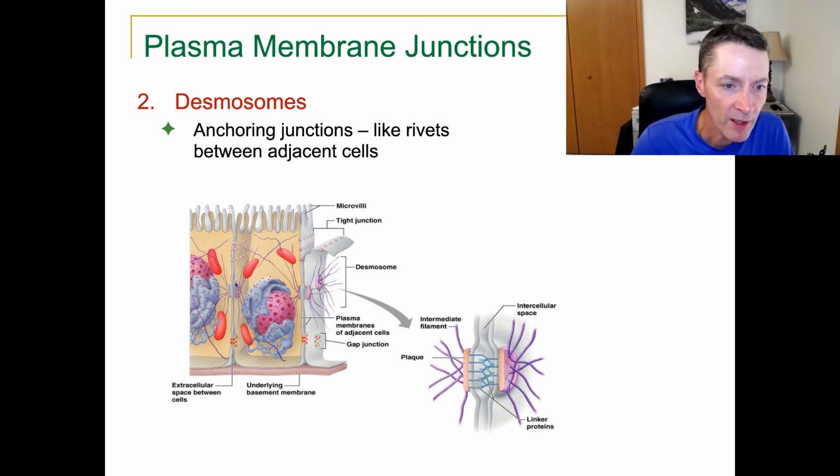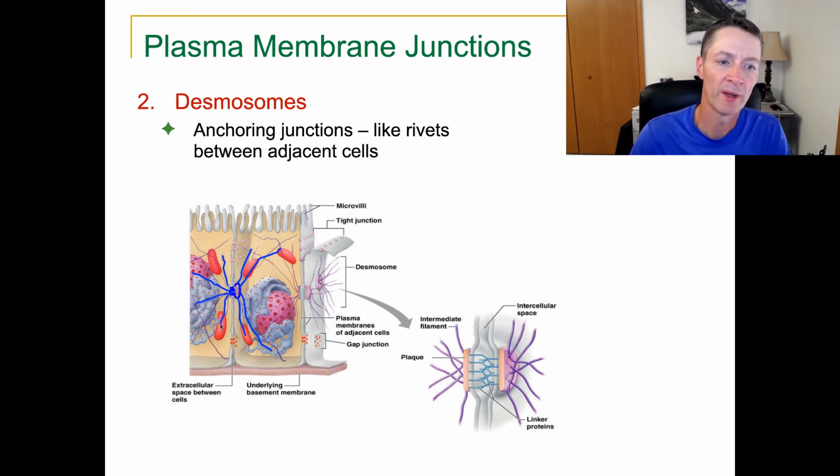You'll see right here that we have a set of proteins that are joining the two cells and a set of proteins that, kind of like roots from a plant or a tree, extend outward into each adjacent cell.